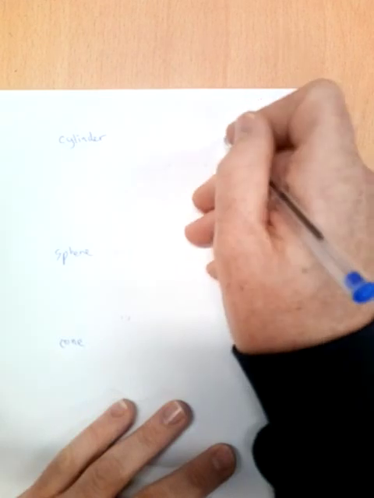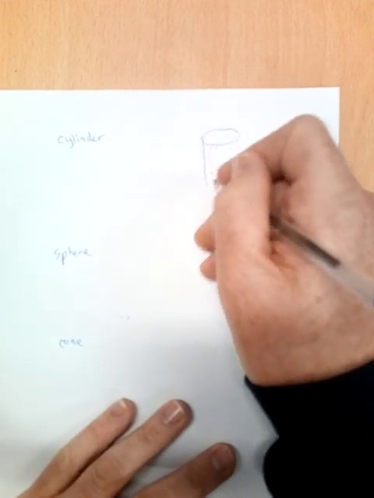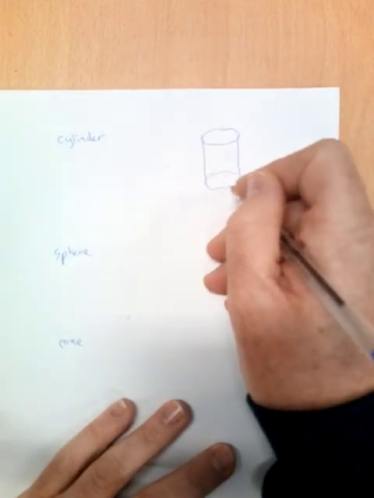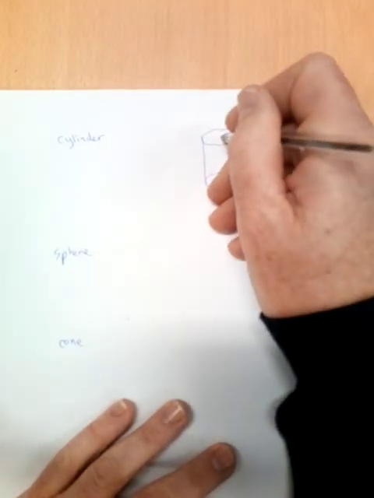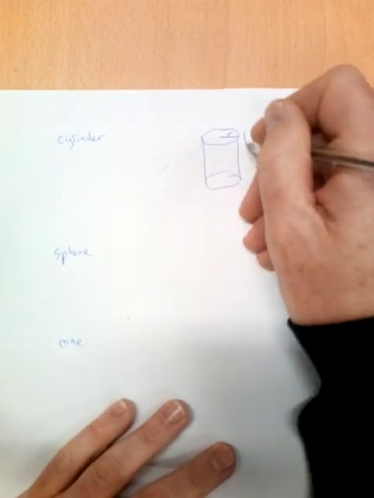What is a cylinder? A cylinder is two circles in a 3D sandwich, for want of a better word. It'll have some type of radius and some type of height.